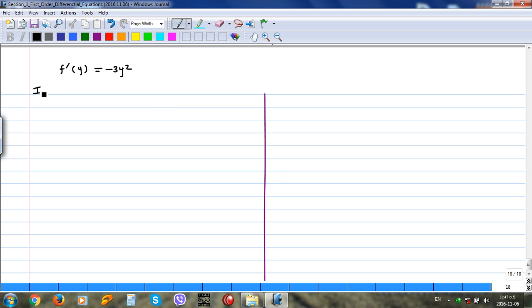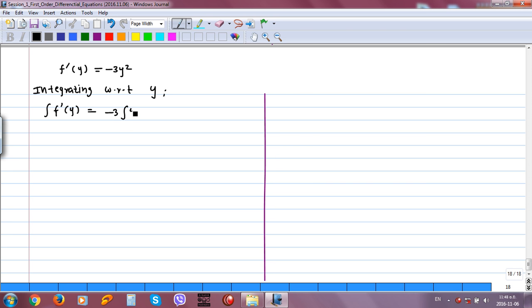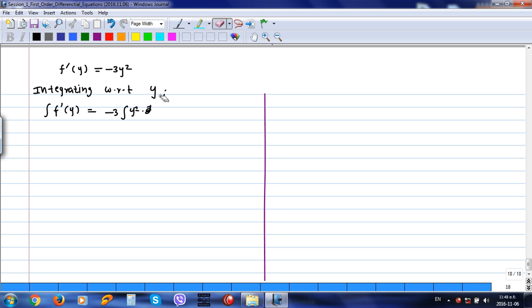So to find f(y), we integrate with respect to y. ∫f'(y) = −3∫y² dy.